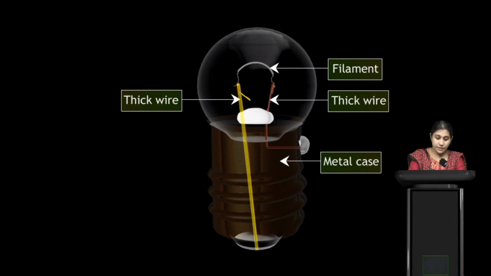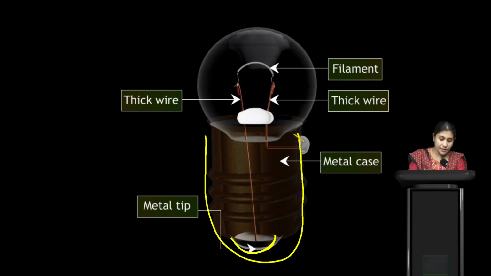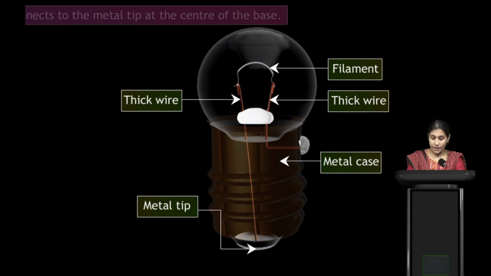See, this thick wire is connected to this downward part of the metal case. So this part is called what? This part is called the metal tip. This outer portion is called the metal case, and this downward portion is called the metal tip. Okay.